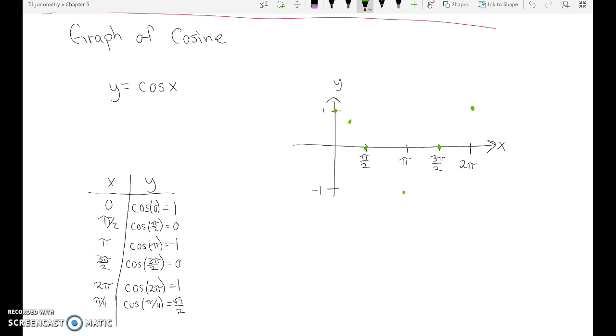If I go over to 3 pi fourths, then it turns out to be a negative root 2 over 2. And so I'd end up with a point right about here. So it looks a little bit different. Let's go ahead and connect those dots.